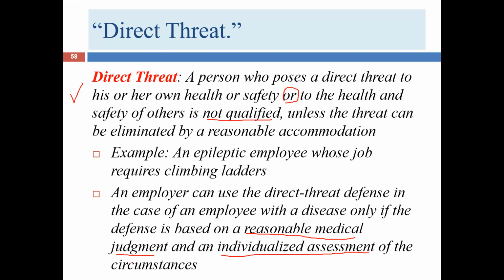Or let's say this epileptic person usually has at least 3 minutes notice before a seizure happens. Well, assuming this isn't a super tall ladder, he or she is probably going to be able to get to the bottom of the ladder before the seizure happens. And so those would be ways that you still perhaps could allow that person to use the ladder even though the person has epilepsy. So again, it's going to turn on the particular aspects of this person's condition.